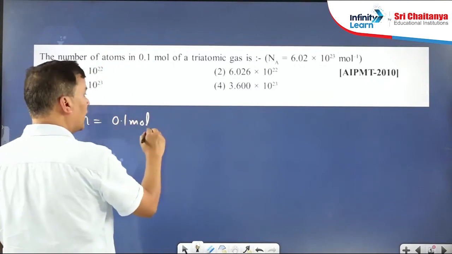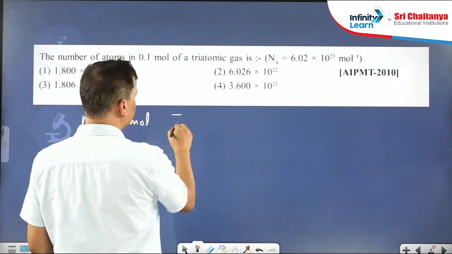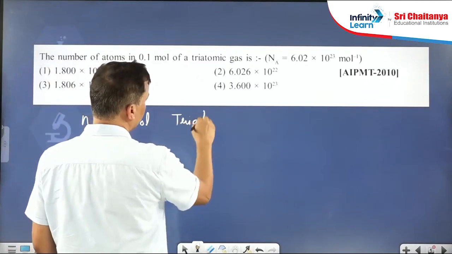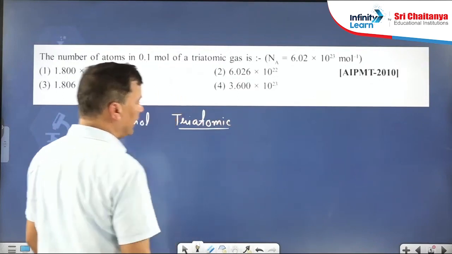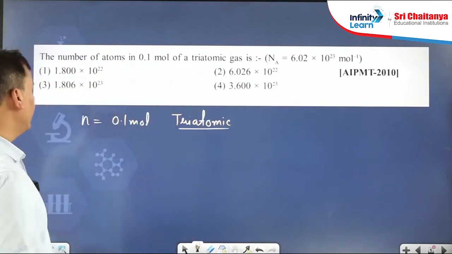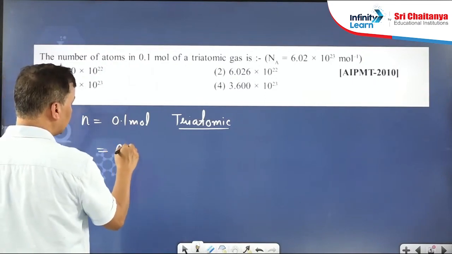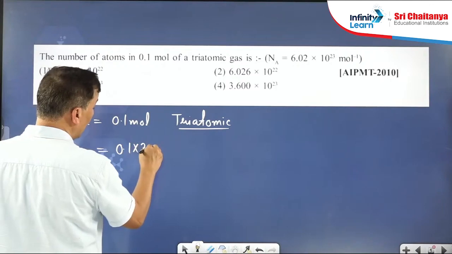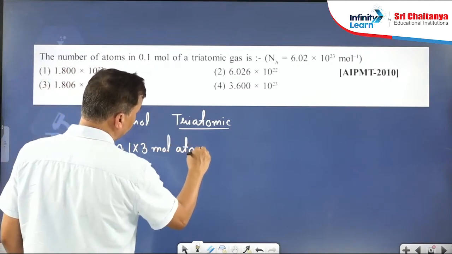These are the molecules. Since gas is triatomic, how many atoms are present in one molecule? 3. So dear student, how many number of atoms will be there? There is 0.1 into 3 mole of atoms.